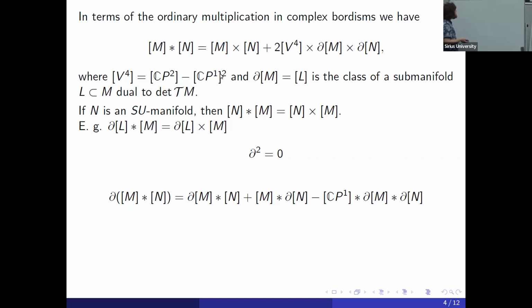For example, it's equivalent: if we consider identity minus CP1 times D, call this operator F, then this Leibniz formula for D of AB is equivalent to F being multiplicative, a homomorphism of rings, and F squared being identity, that is, a multiplicative involution.